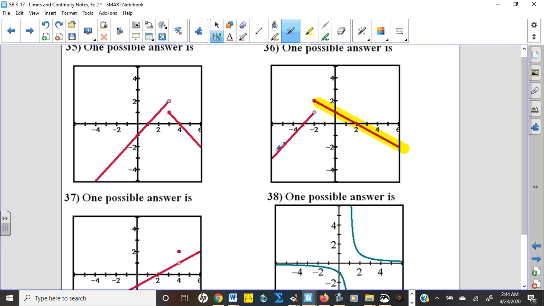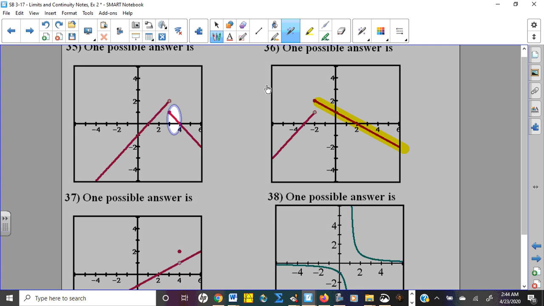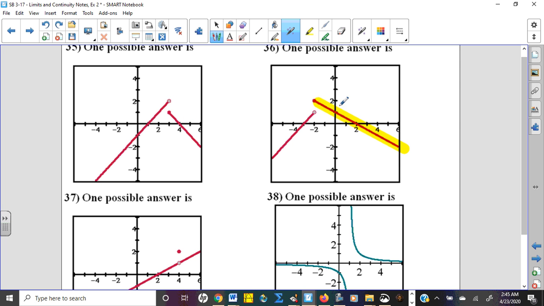But this one was a little bit more limited because, as opposed to 35, where you could have put the point anywhere in here, on 36, it had to be connected to the right part of the graph. So just another example, you could have had this function come all the way over and end at a defined point, so the limit had to equal the function's value, but then you had to have some kind of a jump, and then something like that. So as long as you had those two conditions, you were in good shape.